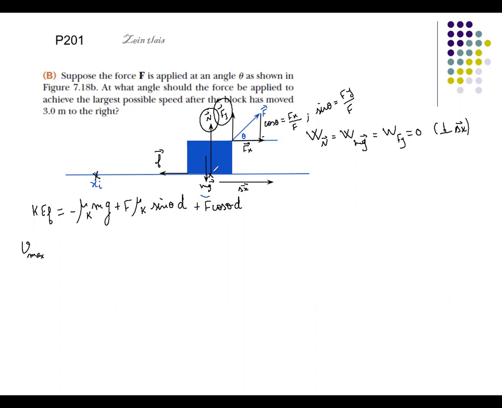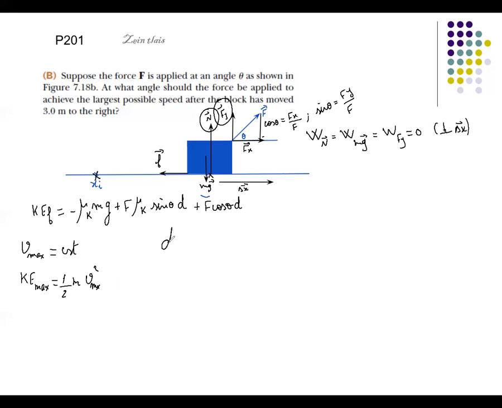When we say V maximum, it means V maximum must be constant. And at the same time, the kinetic energy also must be constant when the velocity is maximum, because it's equal to half m v maximum square. So the maximum of the velocity gives us the maximum of the kinetic energy.